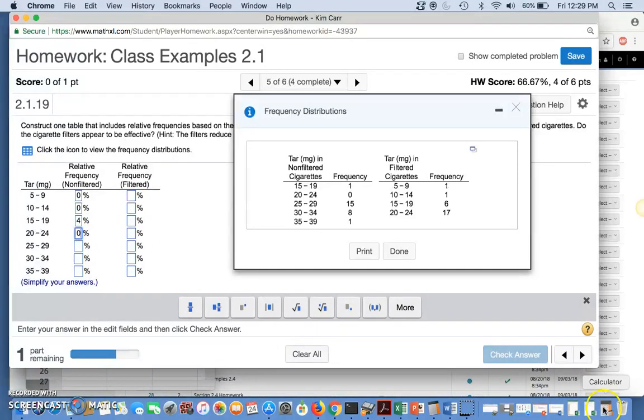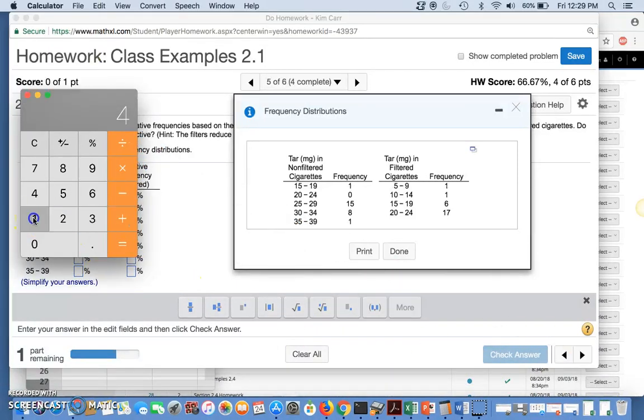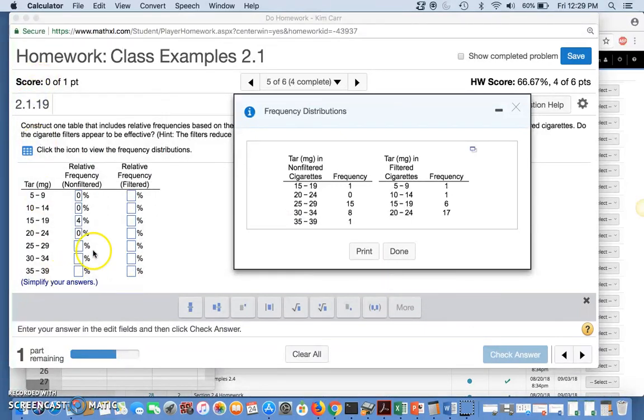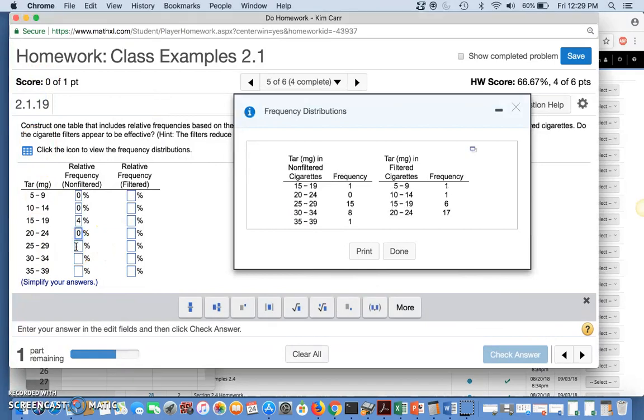Let's do one more with the 15. 15 divided by 25 equals 0.6. You can multiply by 100, or you can just move the decimal 2 places. So you got 0.6, but when we multiplied it by 100, we would get 60. Then you can do the same thing with 8. 8 divided by 25 times 100, you're going to get 32. You've already done 1 one time, so that's 4.